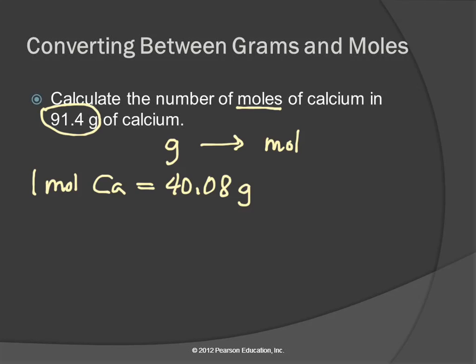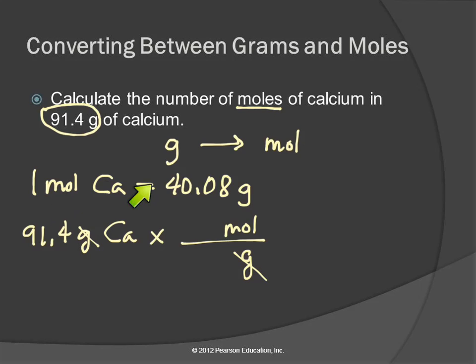Grams to moles, we just set it up for dimensional analysis, 91.4 grams of calcium. Grams to moles, we're multiplying by moles and we're dividing by grams. So the units work out. We look at this relationship. One mole, 40.08 grams.